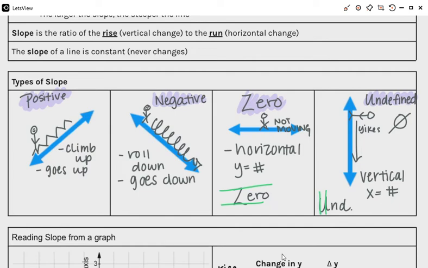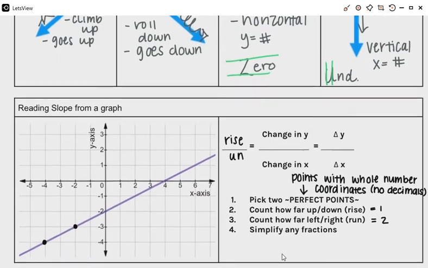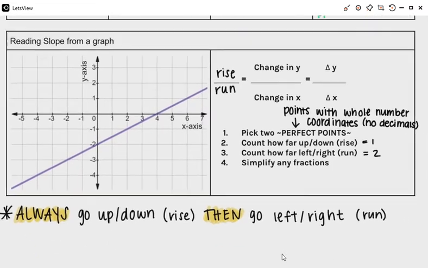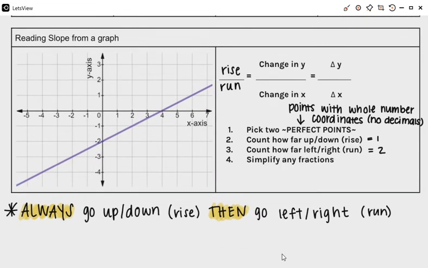Now we're going to expand this and look at slope from a graph. Our slope, as we mentioned earlier, is rise over run. I like to think you have to get up and out of your seat before you can run for the door when the bell rings. Our rise, all of this up top, is how far up and down you have to go.